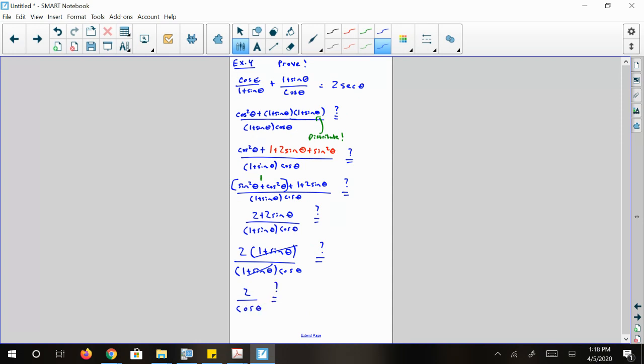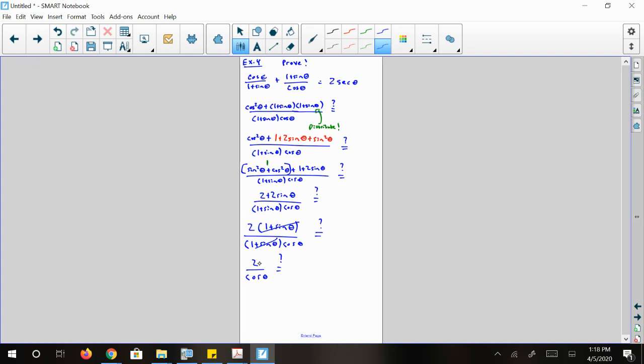Okay, and if we've learned that 1 over cosine of theta is the same thing as secant of theta, then that means 2 over cosine of theta must be the same thing as 2 secant of theta. And this is convenient because that is exactly what we were trying to prove in the first place, that this was equal to 2 secant of theta. So going through our process here, we have now proved this.